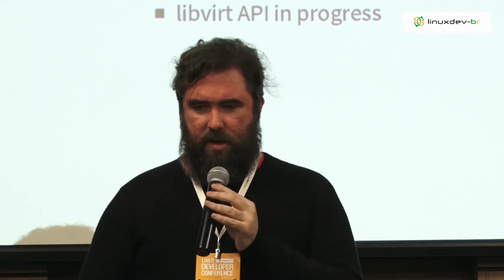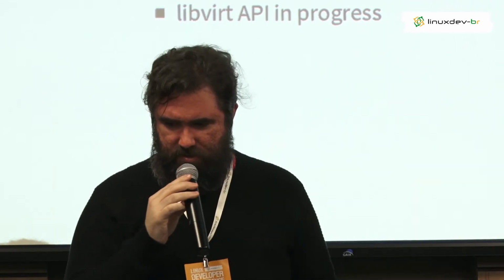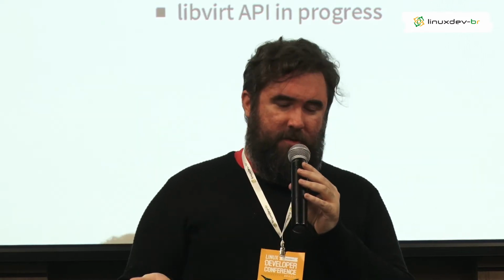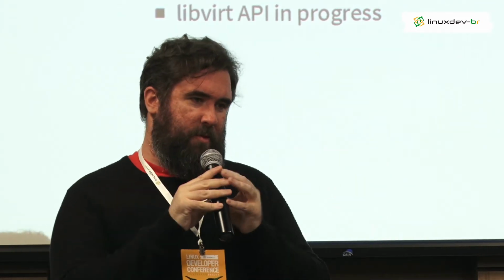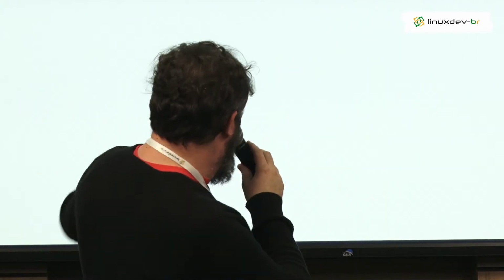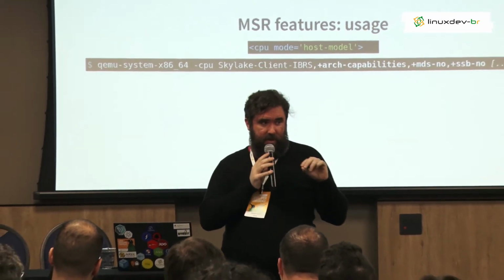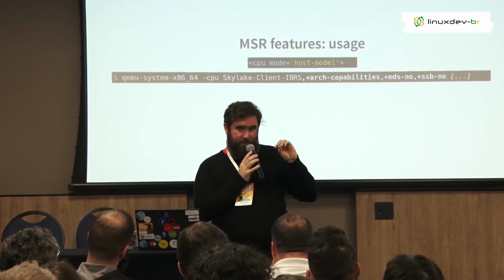I need to configure it manually and say, okay, I know I have this Skylake, and because I need to migrate to that Skylake host, even if this one is a much newer CPU. And when you do that, you get the same problems you have with QEMU manual configuration. That's this. If you're not using host model, you need to do something equivalent to this in the libvirt configuration, and it's really easy to get it wrong. It's really easy to forget something.